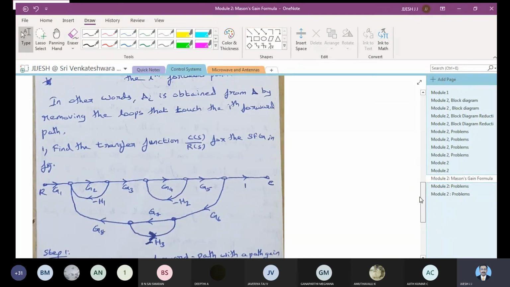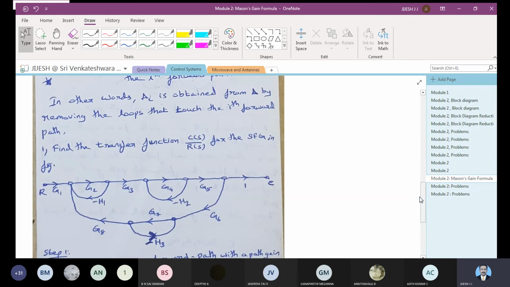After drawing it, the first step is you should find out the forward path. How many forward paths are there here? There are certain steps that you have to follow in solving the signal flow graph. Those steps you should strictly follow.